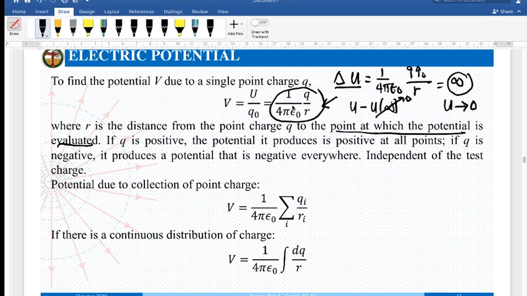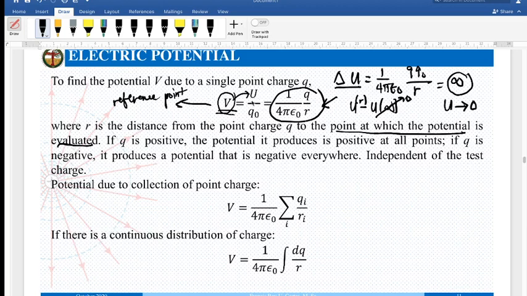Okay? So since V is dependent on U, just like the definition of your U, your V must also be dependent on what we call the reference point. So again, if no reference point is specified in a problem, you have to assume that our reference point is at infinity.